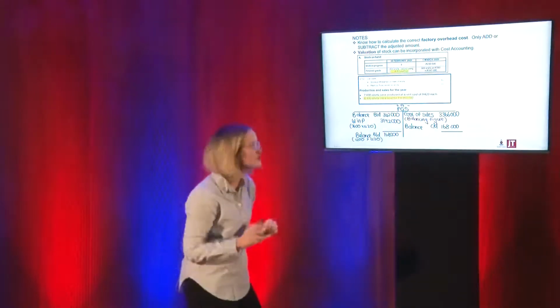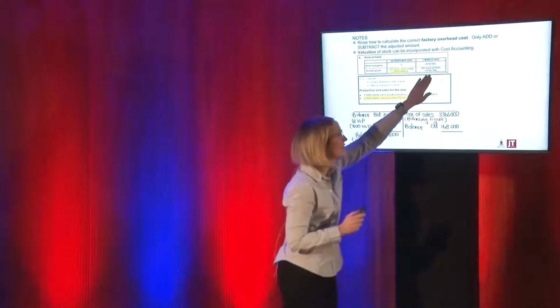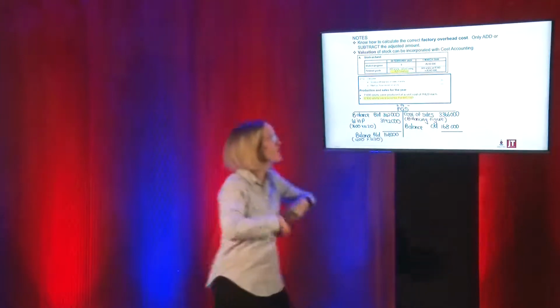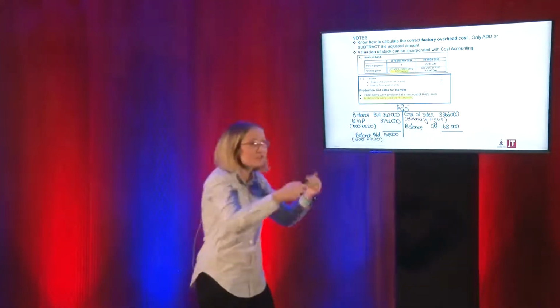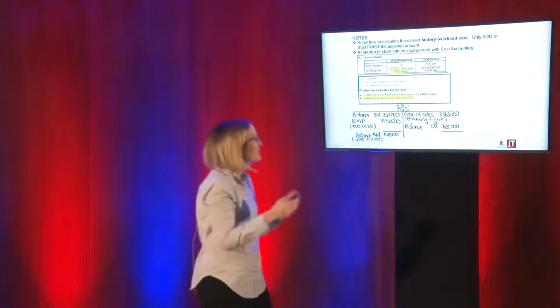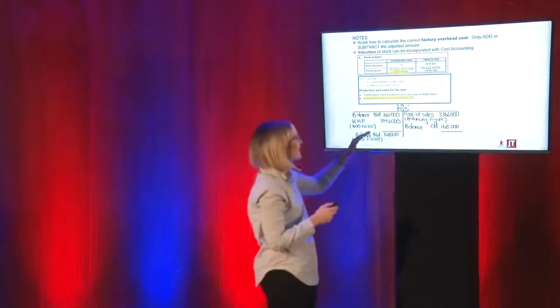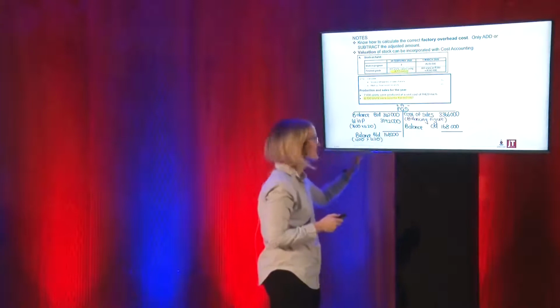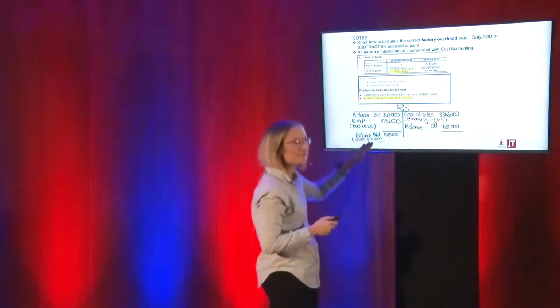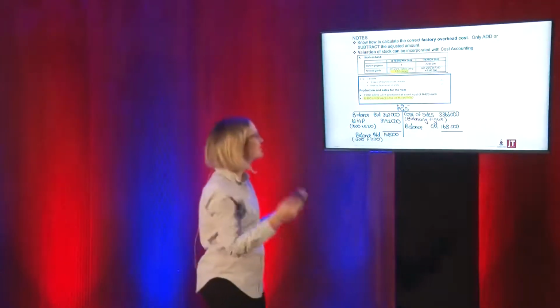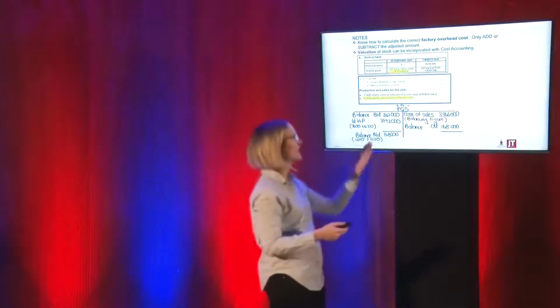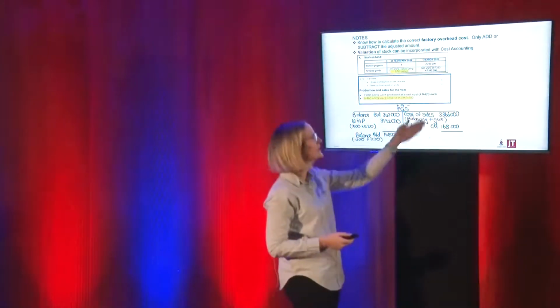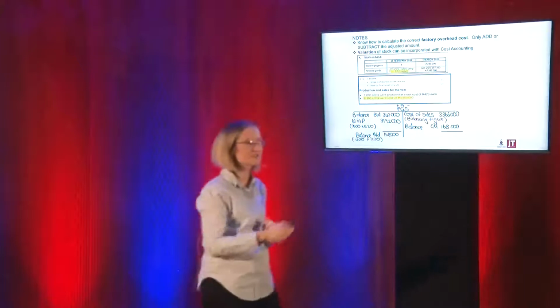Why am I not using the 380 Rand? Because the older stock would have been sold first. So when we value our stock, it will be at the most recent prices, and that is the 420. So now we simply take the debit side minus the credit side, and that equals the cost of sales.